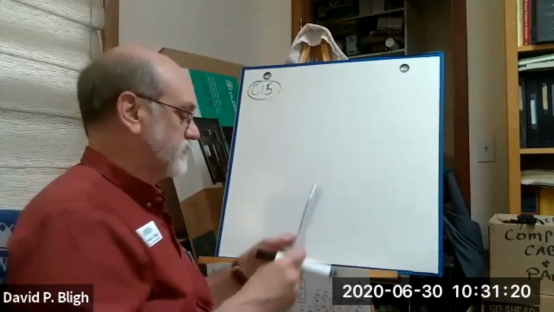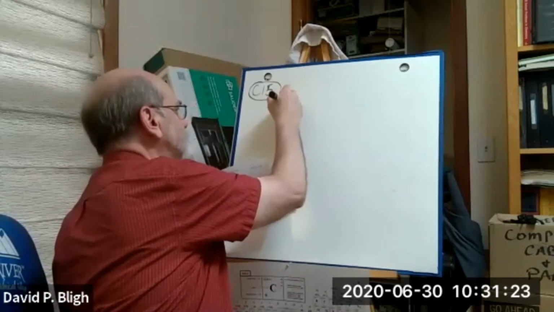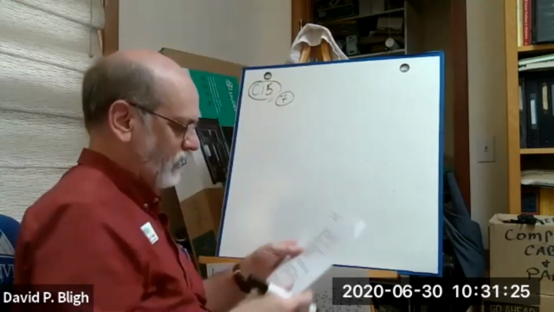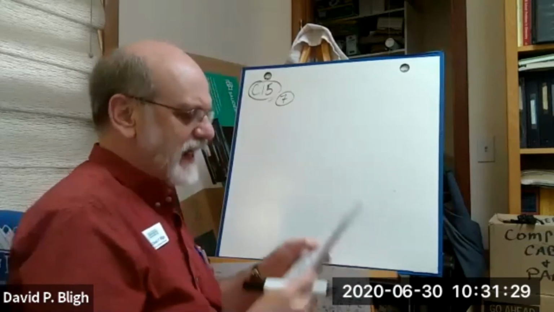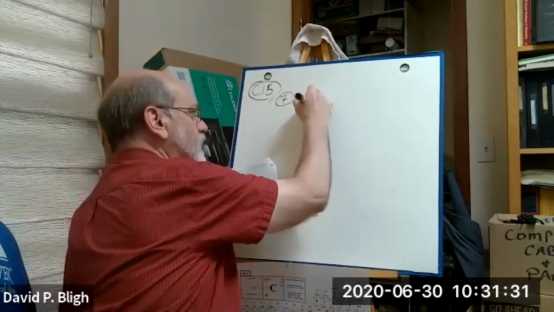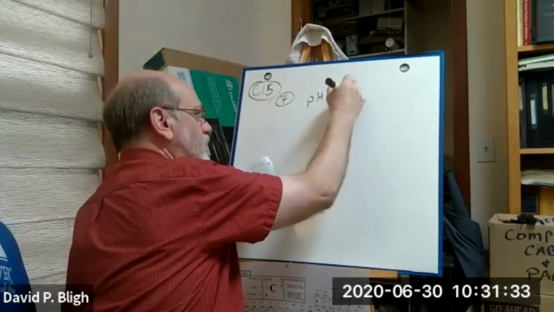Number 7. All right. Which of the following solutions will be the best buffer at pH 9.26? So our target is 9.26.